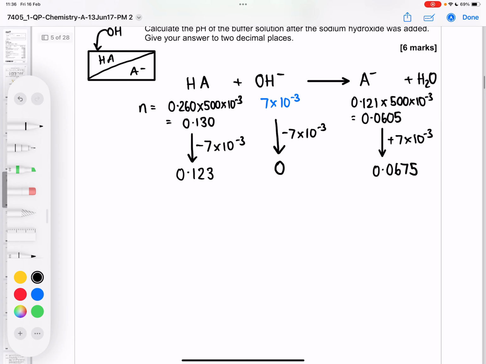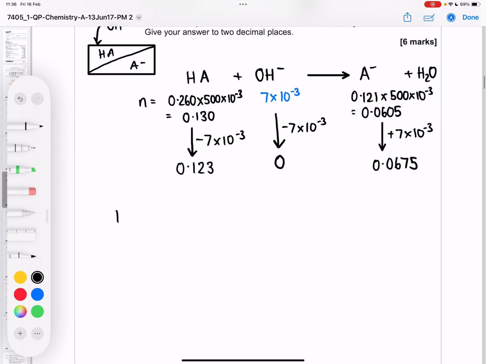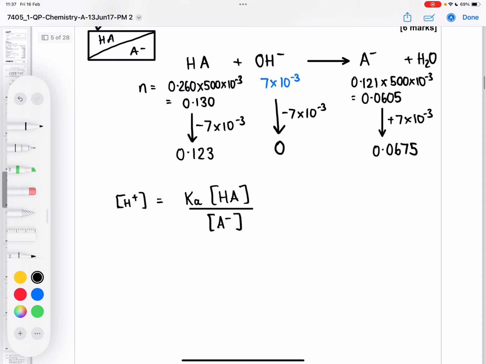Now, theoretically, we should convert these back into concentrations for our Ka calculation, but if you remember that when you rearrange the Ka expression to find H+, you get Ka times HA over A minus. In this case, you can see that we've got one concentration value on the top and one on the bottom, so even if we didn't divide by the volumes, we wouldn't get a different answer because the volumes will cancel out.